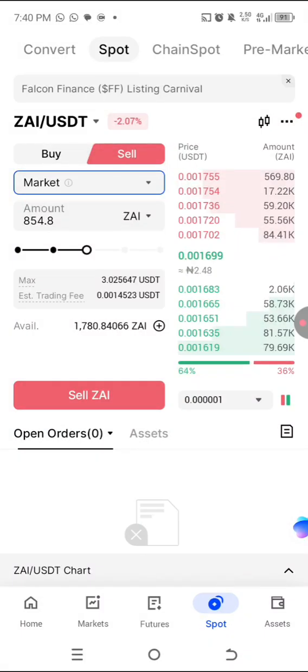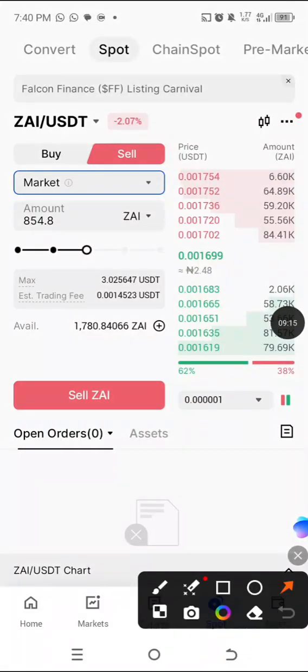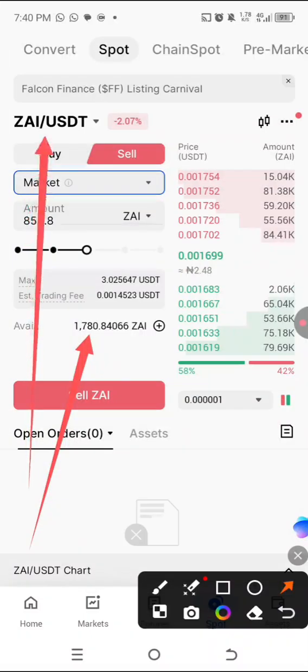Now, I explained to you when you want to buy that you are using USDT to buy the coin you want to buy. Now that I have Zai available at 1,708 and I want to sell it, it simply means I'm selling it to get back USDT.